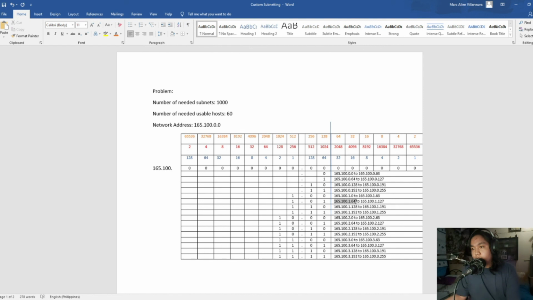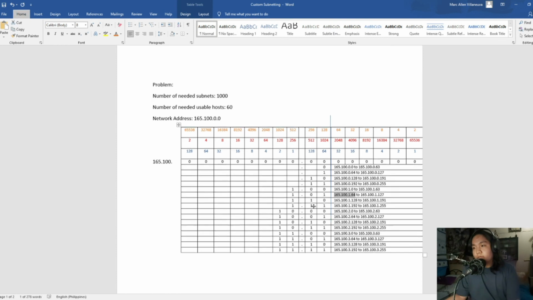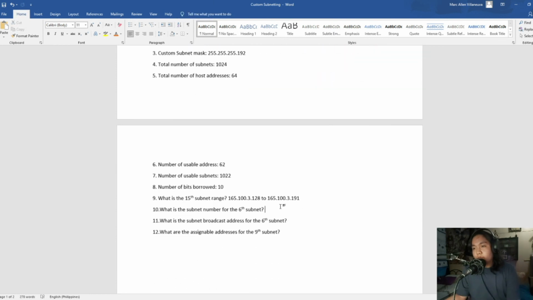Our sixth subnet is here, 165.100.1.64. And here they're asking for the subnet broadcast address for the sixth subnet.